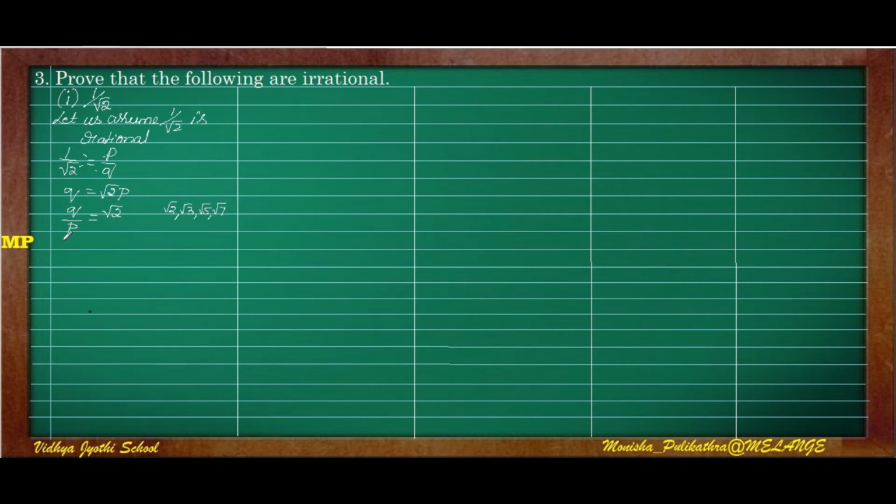So therefore, since root 2 is irrational, the number which we got, that is q by p, if root 2 is irrational, then whatever we have assumed as p by q is also irrational.